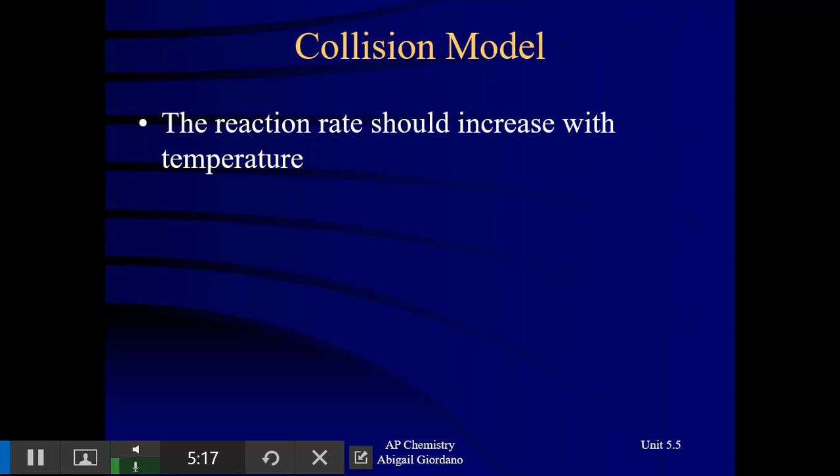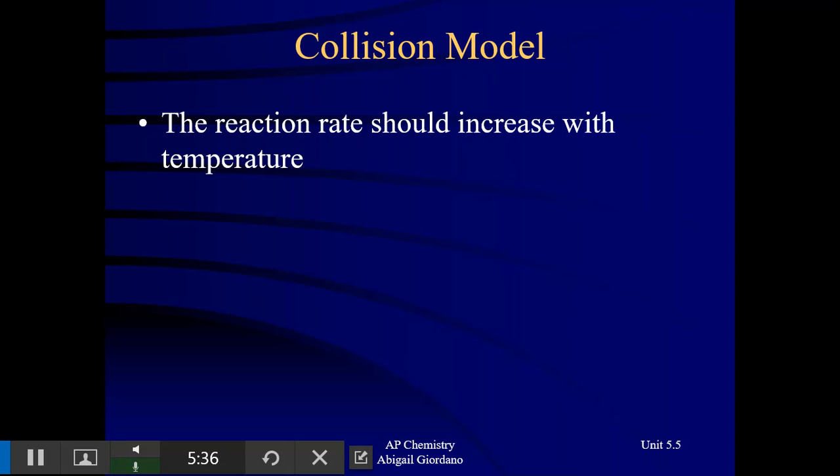Their speeds increase, and not only that, but the particles are moving with a greater amount of kinetic energy. Remember, temperature is essentially a measure of the average kinetic energy. So this statement should make sense to you.